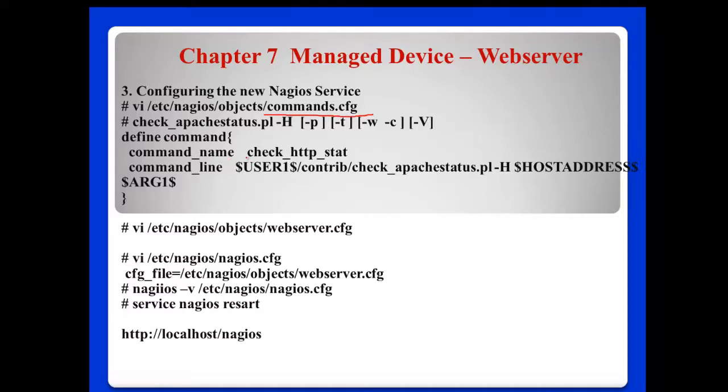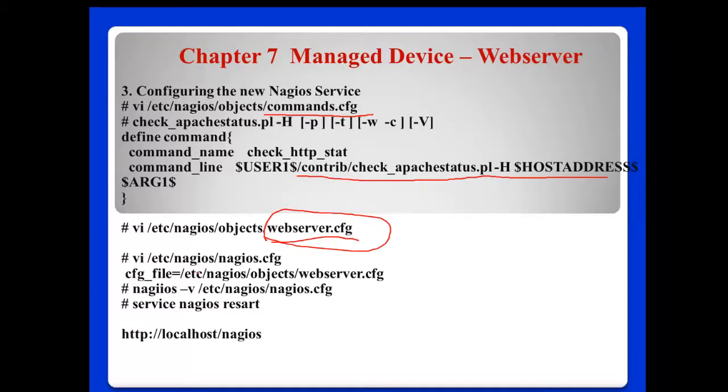So here command name will be check_http_status, and the command line here contrib check_apache_status. Then we have to create the configuration file for the web server. So just copy, or you can use the template file web server like this.